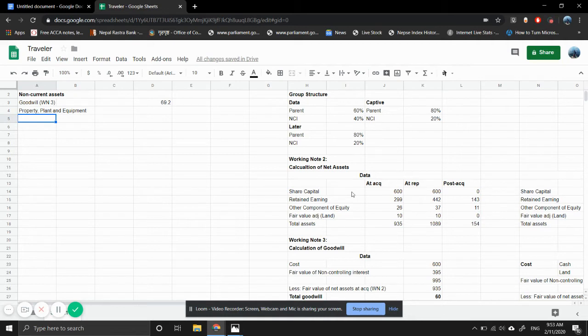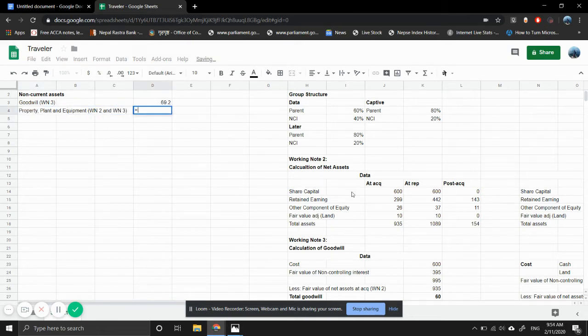For this we need to do something else: we need to add the figures from working note number 2 and working note number 3.